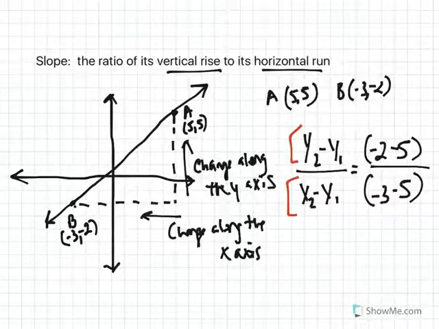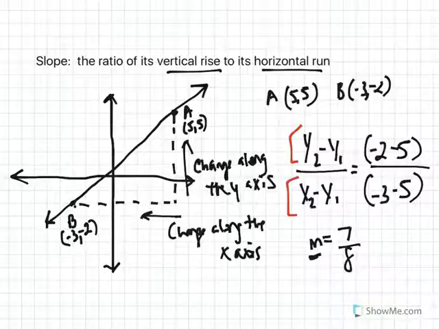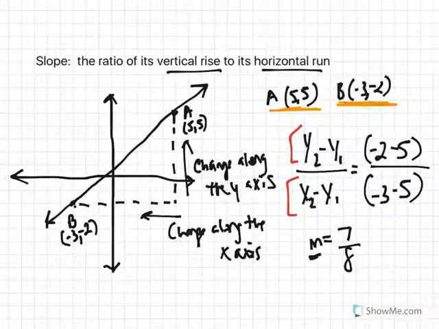And this will give us a slope of, m is the denotation for slope, 7 over 8. So 7 over 8 is the slope when we found the slope from the coordinates 5, 5, and -3, -2.